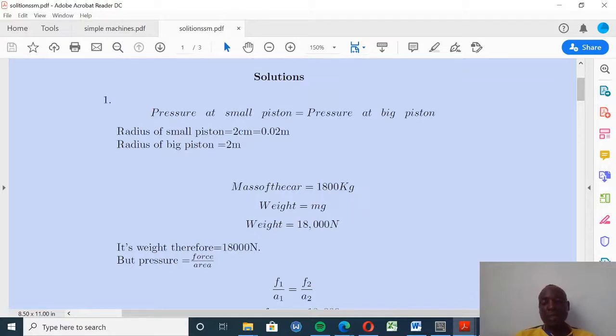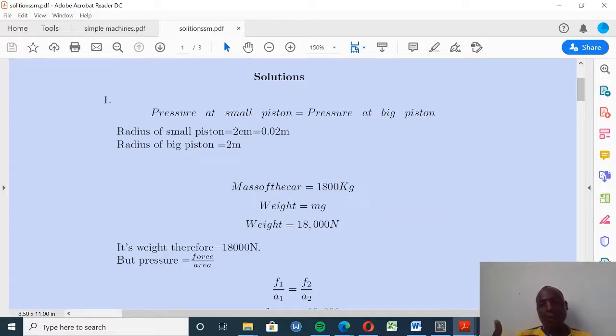Now you observe here that they don't have the same units. When tackling problems here, we are supposed to use the same units, especially if it is the same quantity, as is the case now. The mass of the car is 1,800 kilograms. What does this mean? It means that the weight of this car is going to be 18,000 newtons.